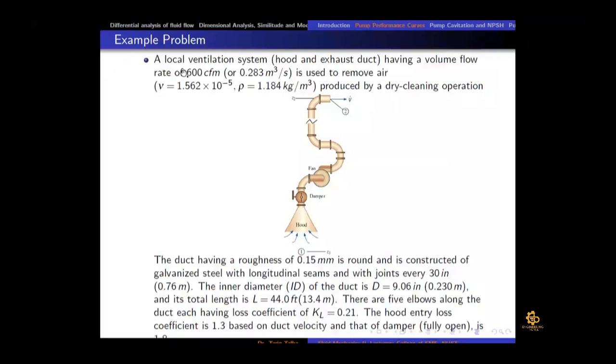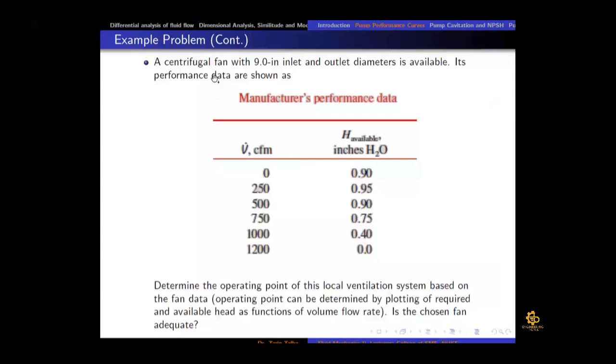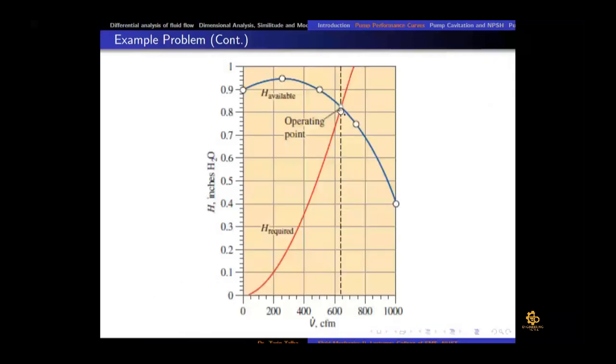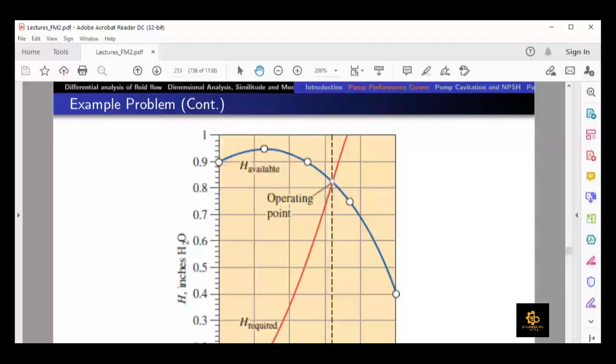So the intersection point, which is the actual operating point, should be on the right hand side of that volume flow rate, because if the intersection point is on the left hand side of the volume flow rate at which we want to operate, okay, let me show it on the whiteboard, maybe that would be easier.